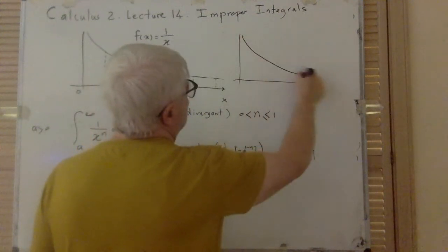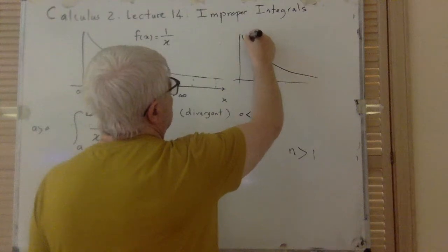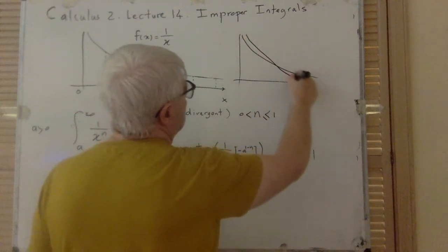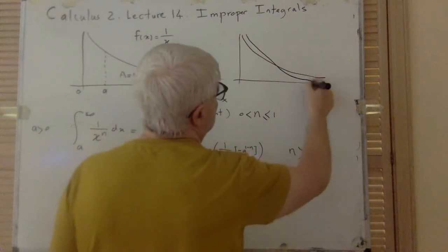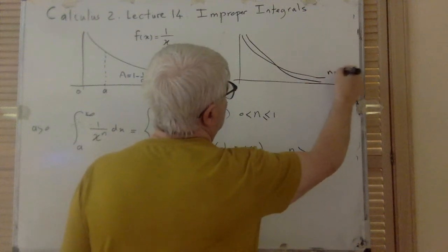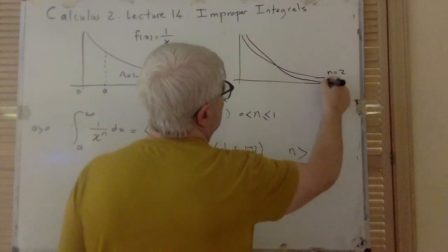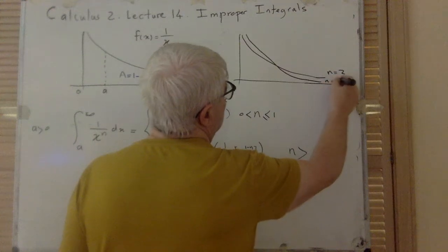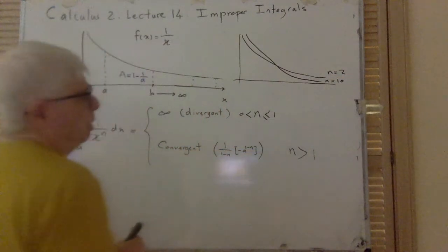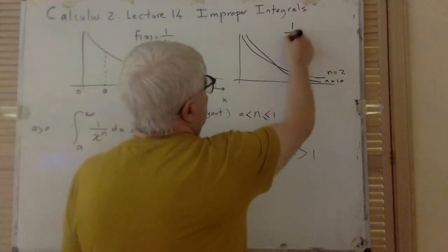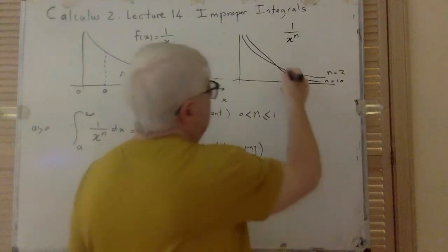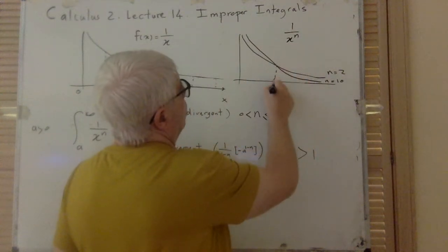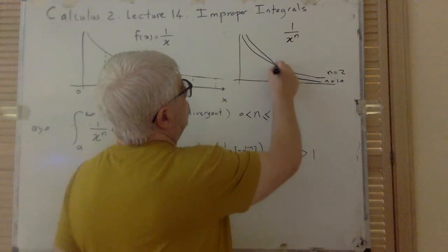So if this is for some n, this is for an n which is less than that. For example, this is for n equals 2, this one is for n equals 10, 1 over x to power n. And all of them go to 0.1 here.